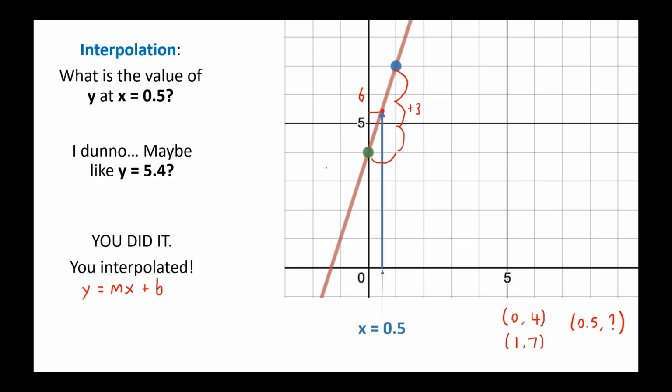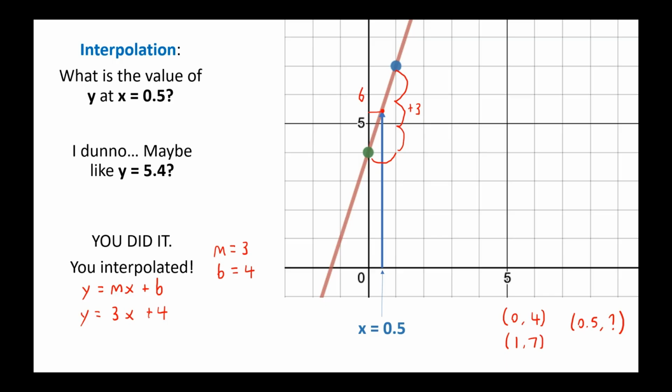So you can say your m is going to be equal to 3. And we know b is the value of y when x equals 0, also known as the y-intercept, wherever it crosses the y-axis. In this case, it crosses at y equals 4, so we can say b equals 4. So my equation would be y equals 3x plus 4.